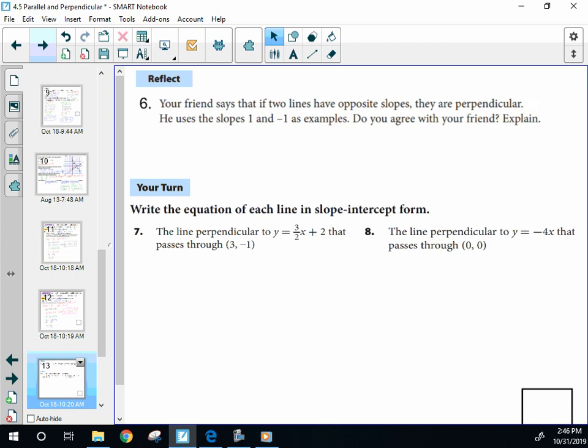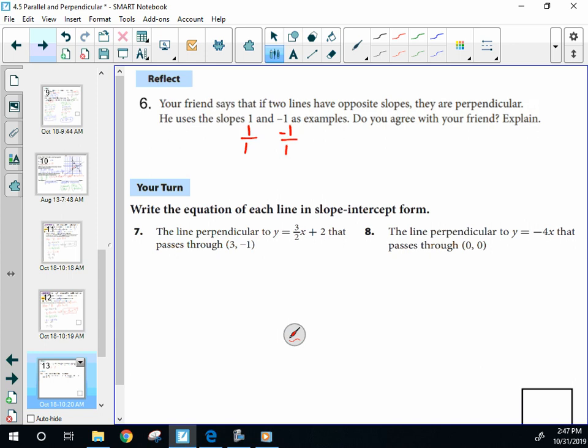Reflect question number 6. Your friend says that if two lines have opposite slopes, they're perpendicular. He uses 1 and negative 1 as examples. Do you agree with your friend? Take a minute, discuss with the person next to you. Well, in this case, 1 and negative 1, if I write them as fractions, it's 1 over 1 and negative 1 over 1.